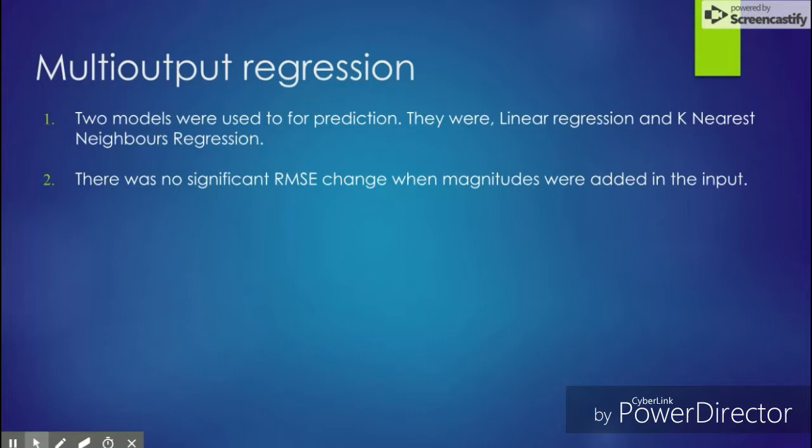Linear regression was used as the correlation was 0 and k nearest neighbors was used as stars which were close by were expected to behave similarly.